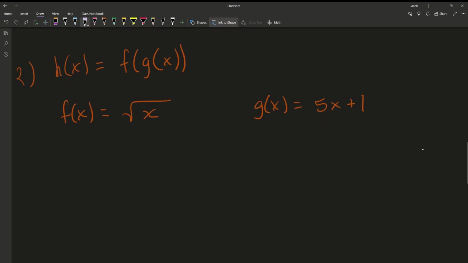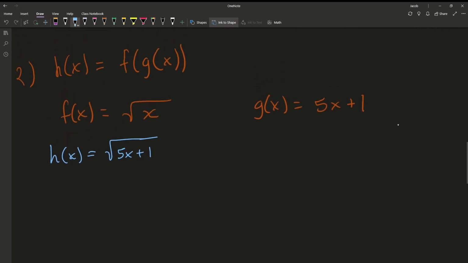For the second one, we have a composition of functions between a square root and a linear function, and we'll write that pretty quick. So g of x would go inside the square root. So I've got h of x is the square root of 5x plus 1. Okay, great.